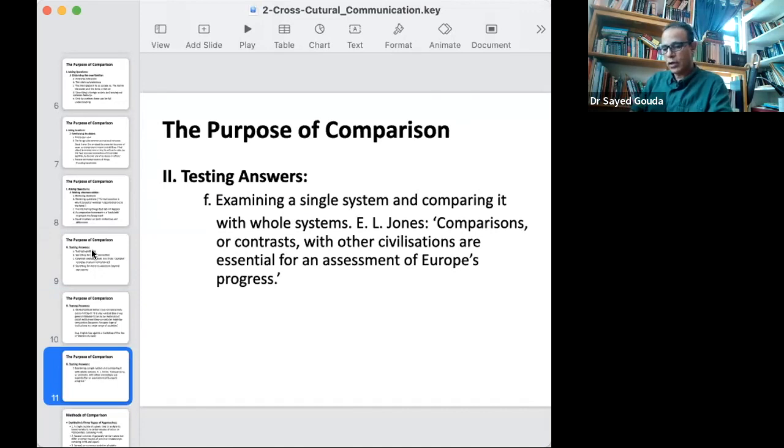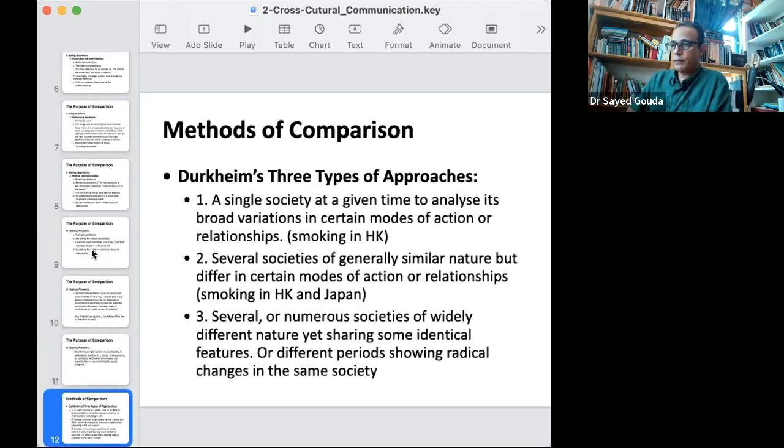This is something Western scholars did all the time, comparing Western civilization to Eastern civilizations in general, and selecting one civilization like Japanese, Indian or Chinese civilization and comparing Western civilization with, let's say, Indian or Chinese civilization. And sometimes they choose three different civilizations to compare with each other.